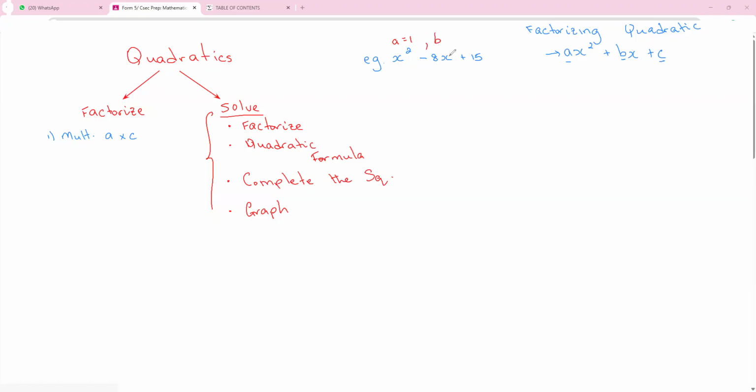B is the number in front of x, so we understand that it's minus 8. And C is the constant, which is 15. So first step, we multiply A by C. So A is 1, C is 15. So I put M because I multiply them both. 15 times 1 is 15.